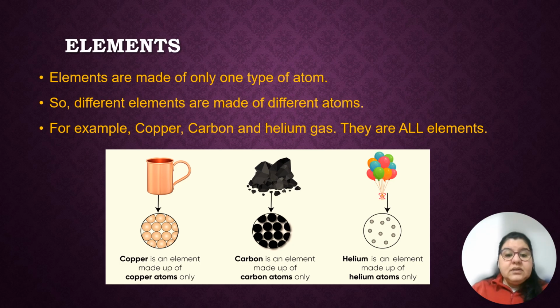Okay, let's look at this image again. Copper atoms are different from carbon, which is different from helium, and they all have their individual properties. Because of having these individual properties, they are all different. Okay, let's move on.